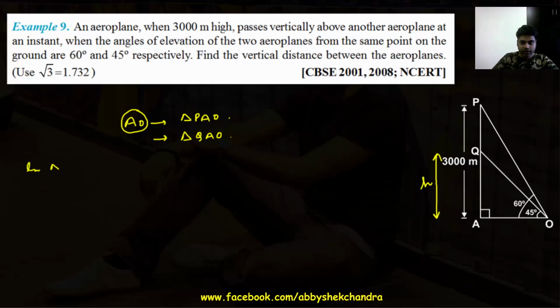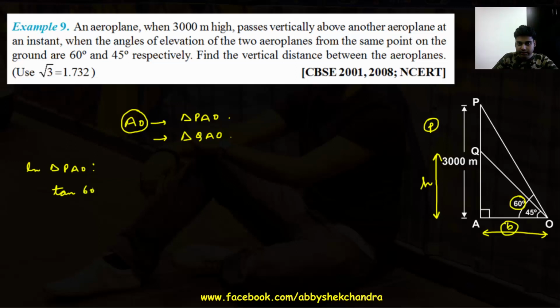Now in triangle PAO, this angle is 60 degrees, right? And AO is the common side, right? With respect to the 60-degree angle, AO is the base and PA is the perpendicular, right? And which trigonometric ratio connects the perpendicular and the base? It's tan theta.